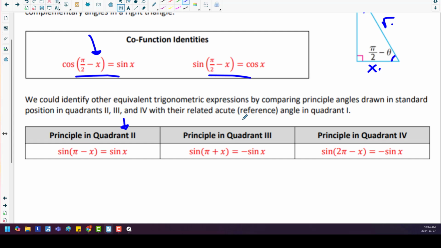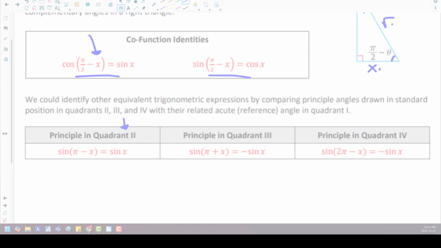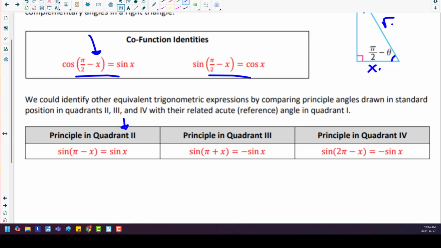If your principal angle is in quadrant 3, sine of pi plus x is equal to negative sine x. And if your principal angle is in quadrant 4, then sine of 2 pi minus x is equal to negative sine x. So these are some identities that you should memorize. There are a bunch of identities that you will be memorizing to help you solve the examples in this unit.